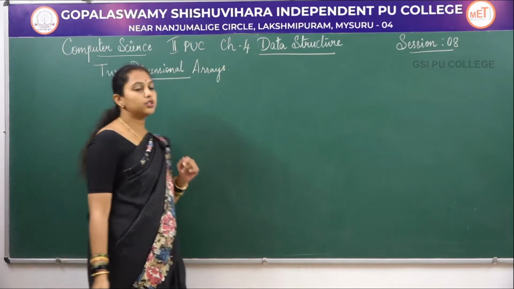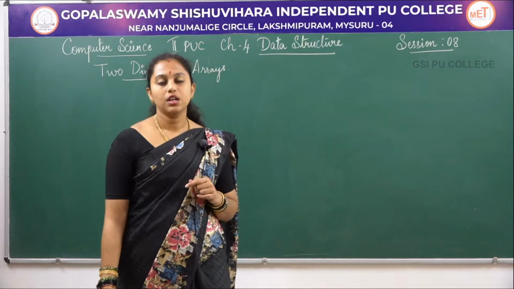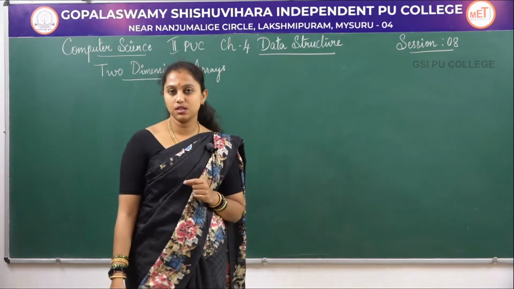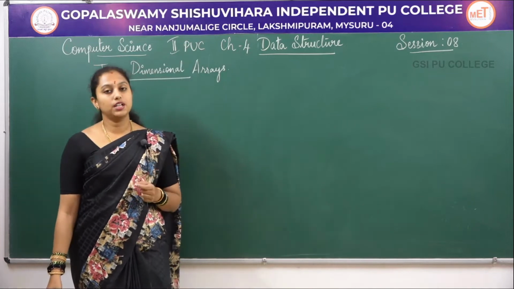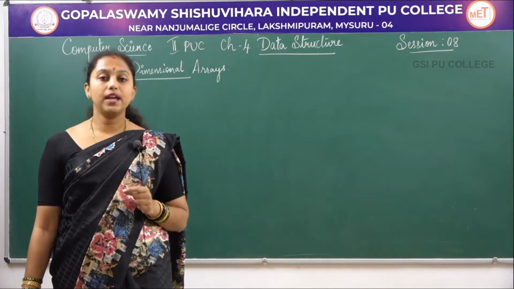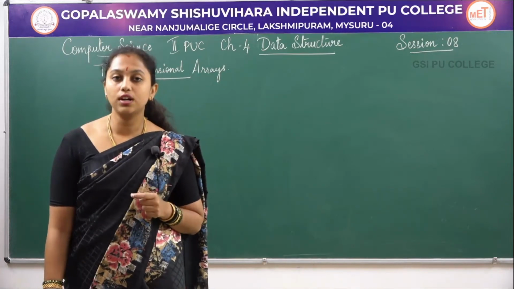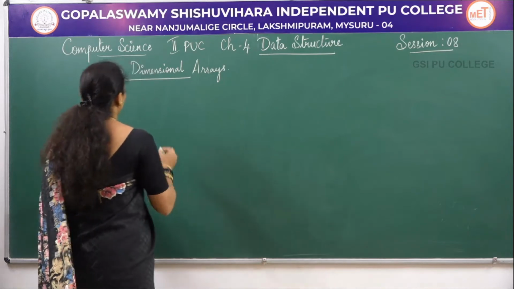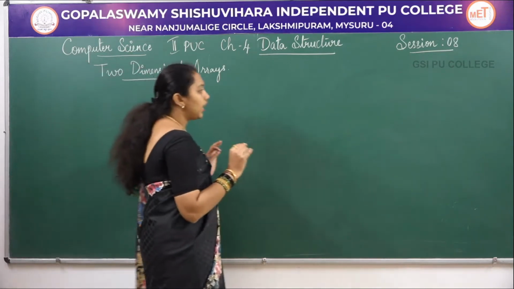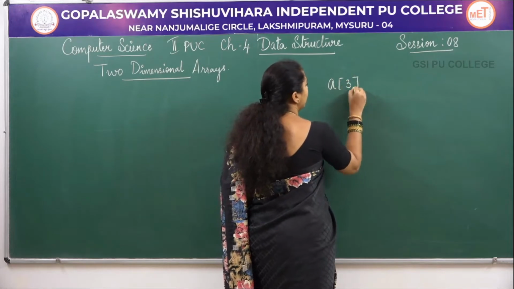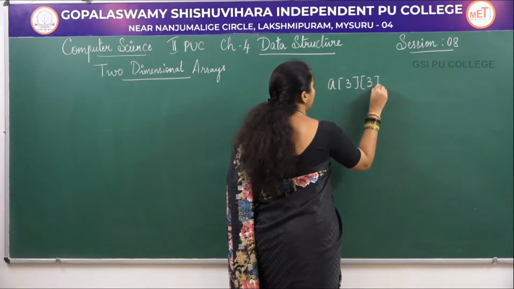So what is a two-dimensional array? A two-dimensional array is a collection of elements and each element is identified by a pair of indices called subscripts. Consider an array A of 3 cross 3 matrices.